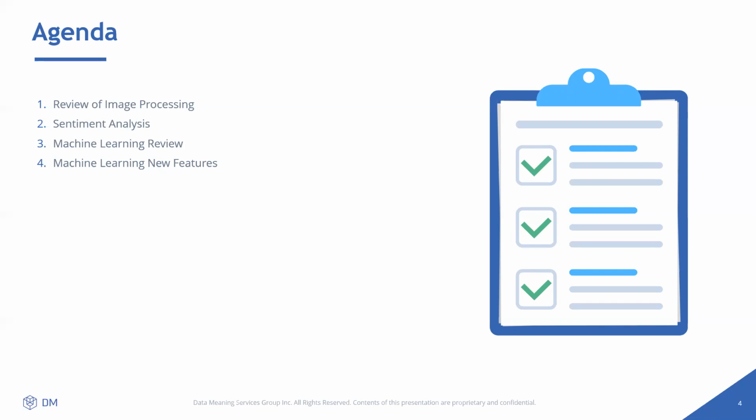Going to make sure we focus there on the sentiment analysis, as well as taking a little bit more time with the machine learning review. Ran over that a little bit quickly last time. And then some of the new features or new tools that are there in the machine learning section. So we're going to be going over those topics today.